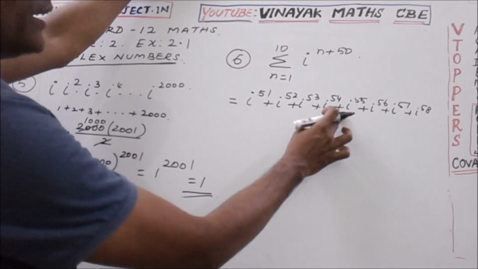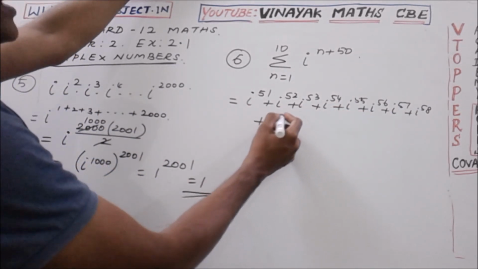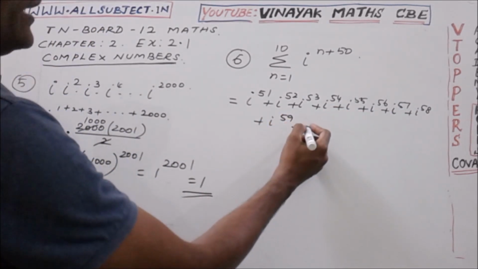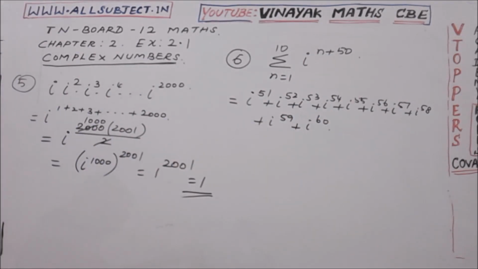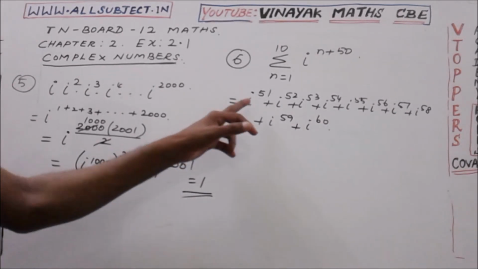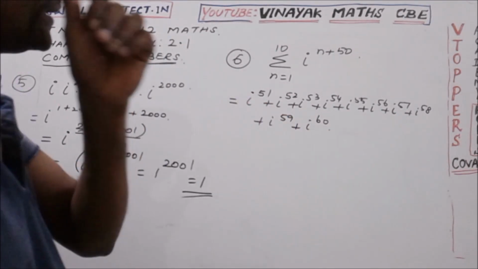We have completed 8 terms, and plus i power 59, plus i power 60. We have written 10 terms from 51 to 60.